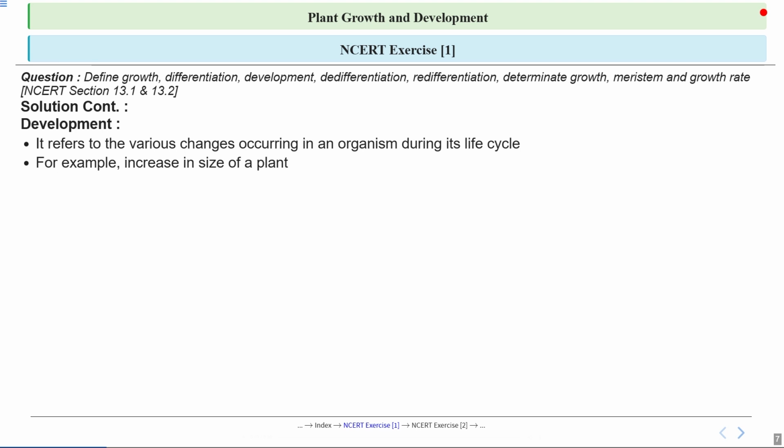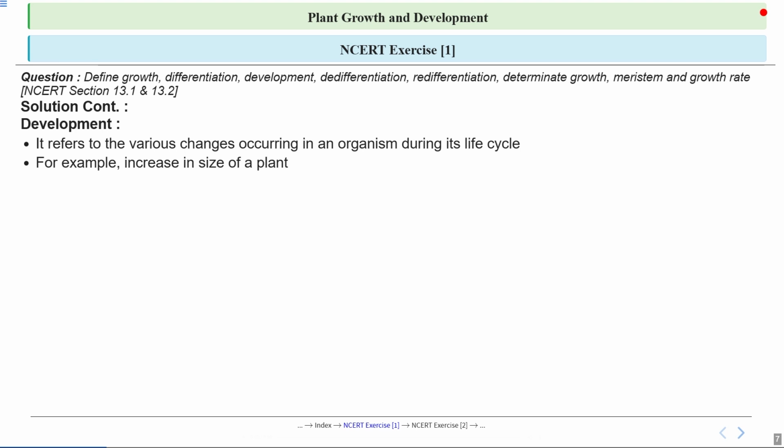But remember, development also includes changes in shape, structure, function, not just size. So you have to keep in your mind that development includes these other aspects.